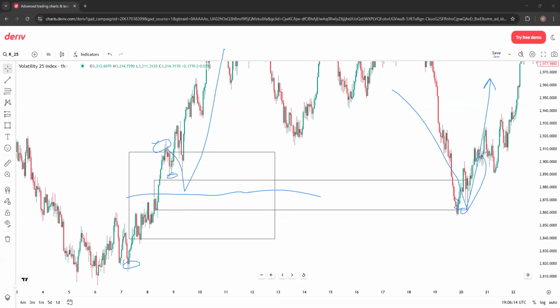You can be catching very, very good trades, very good sniper entries. But now I also want you to look at this. If you had entered here and your trade decided to pull you as low as the 50% or as low as the discounted areas, you would have suffered.